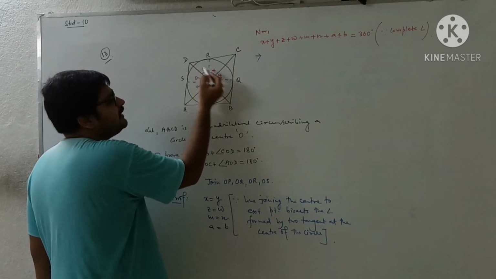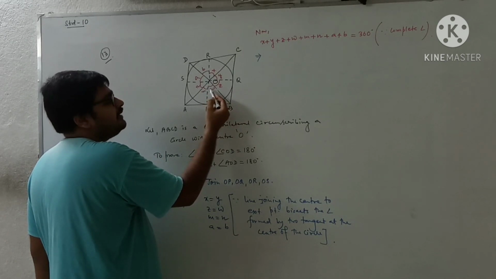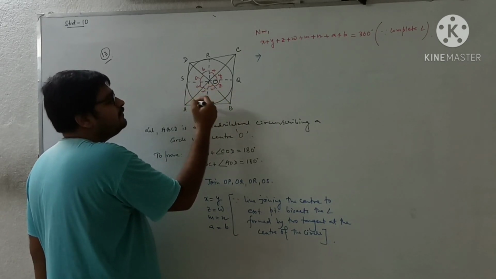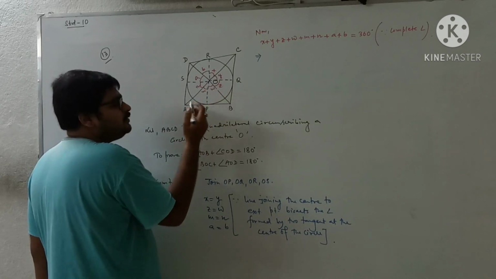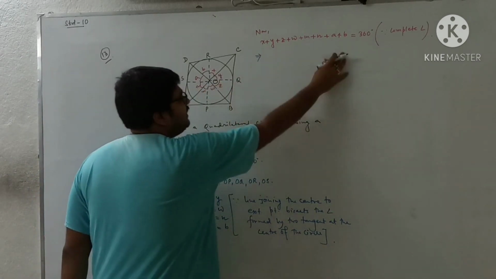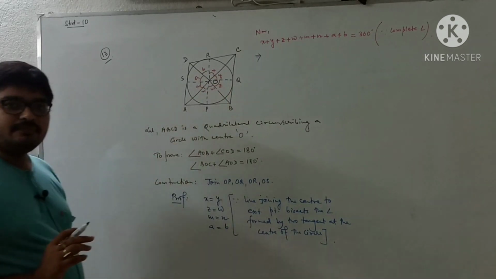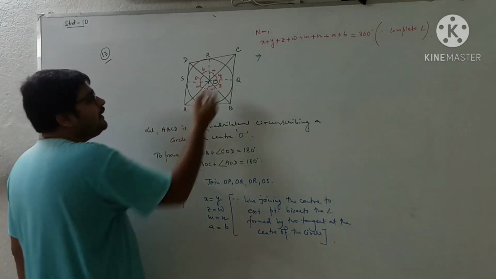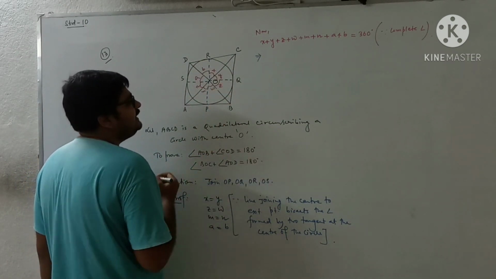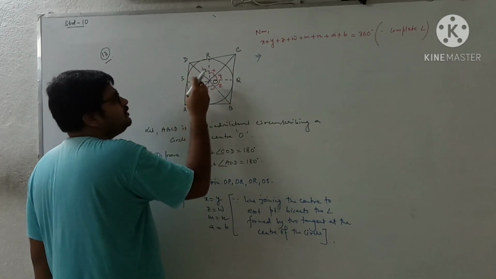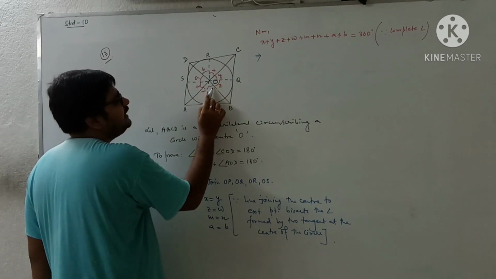Including COD, the angles are X and B, including AOB, the angles are M and W. So first of all, our work is to prove this, keeping only the angle names X, B, M, W. Okay? I want to prove angle COD plus angle AOB is 180 degrees. Including these two angles, I can see the angle names are X, B, W and M.